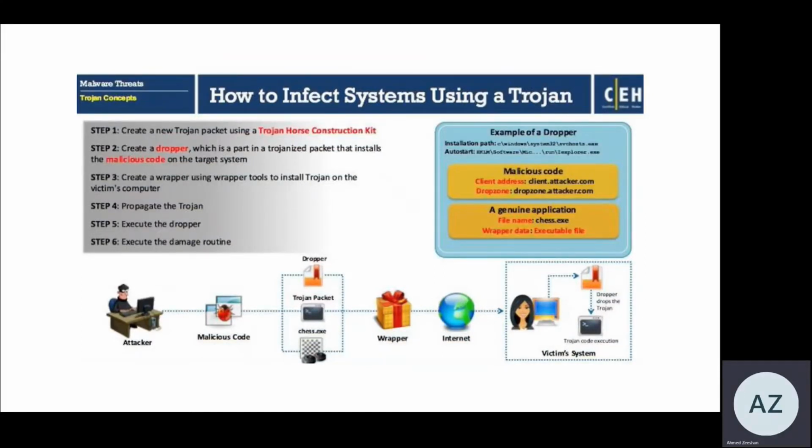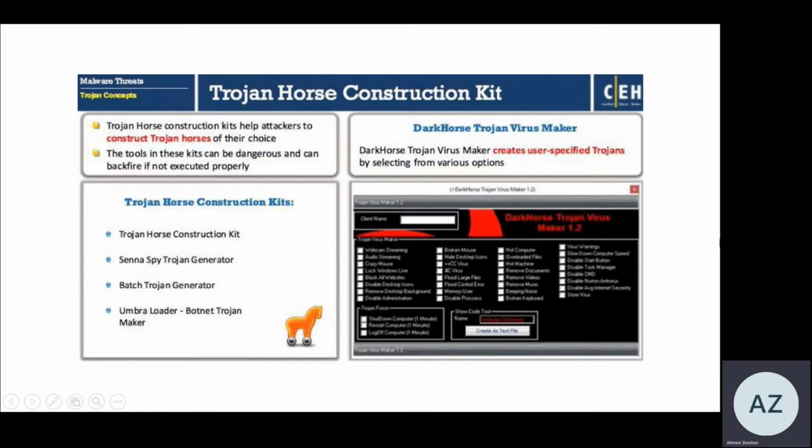Example of a dropper installation path, svchost. So these are all examples of a dropper. Trojan horse construction kits help attackers to construct Trojan horses of their own choice. The tools in these kits can be dangerous and can backfire if not executed properly, okay? So you can use all these Trojan horse construction kits.